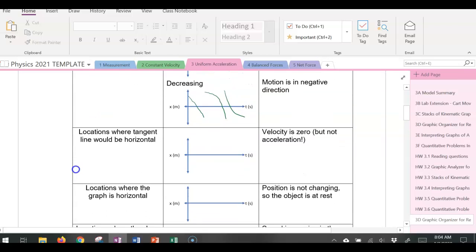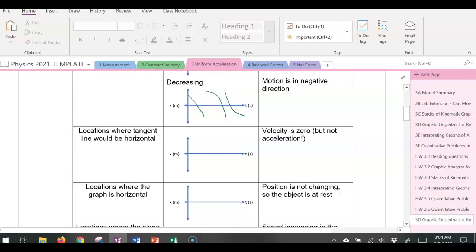The next feature of a position versus time graph that we might look for are locations where the tangent line would be horizontal. Remember, the slope of the tangent line equals the instantaneous velocity.